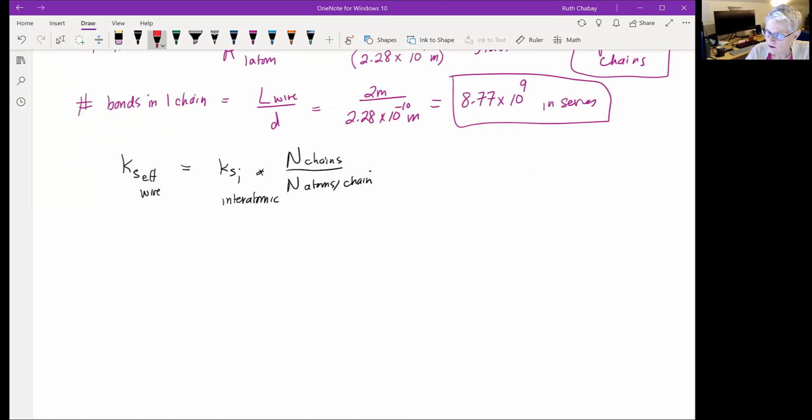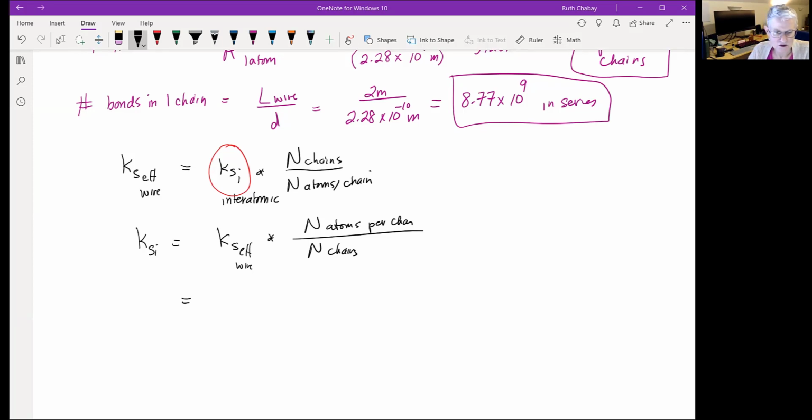And this is our unknown. So we want the interatomic spring stiffness, which is the effective spring stiffness of the wire times the number of atoms per chain divided by the number of chains.